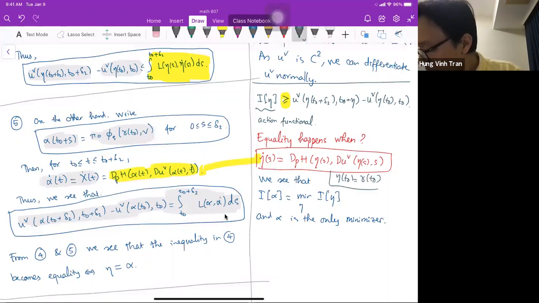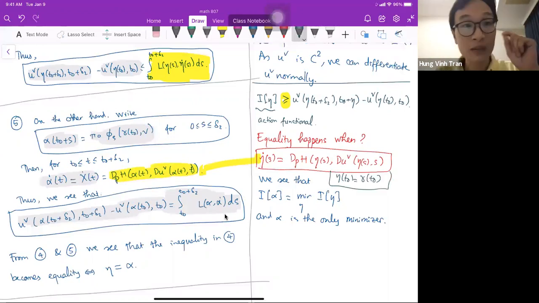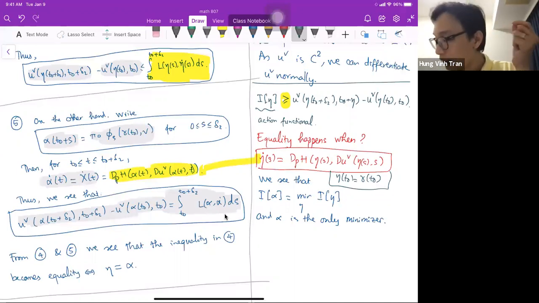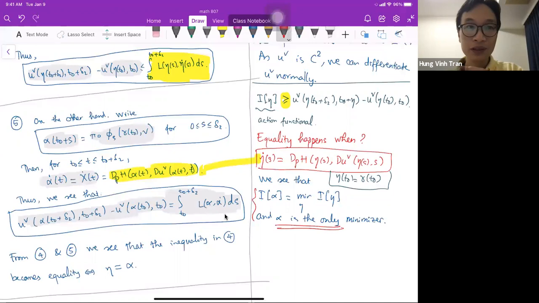So the starting point is fixed, and when the starting point is fixed, then equality happens if and only if eta is alpha, right? So what is really important is that not only can I conclude that I(alpha) is the minimizer, but also that alpha is the only minimizer.